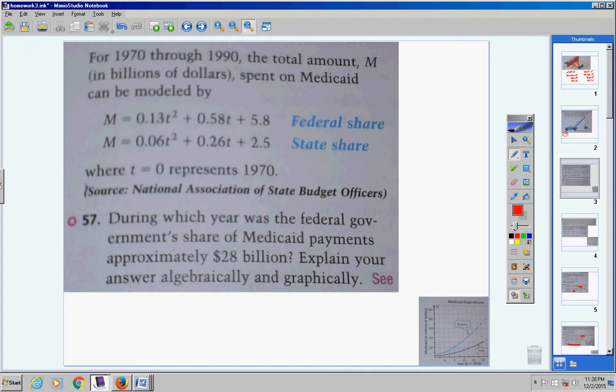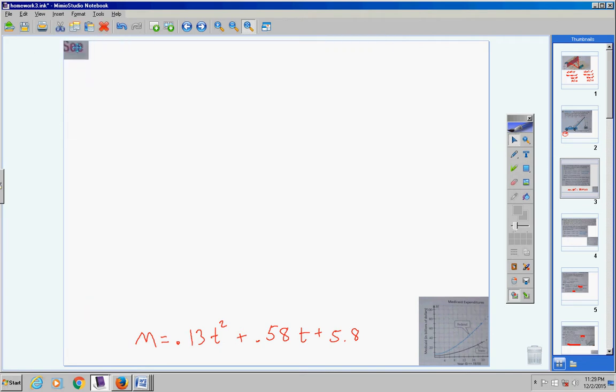Now, a couple things. We're going to do this two different ways. First of all, we're dealing with the federal government, so this is what year will it be when the cost of the federal government is 28 billion.